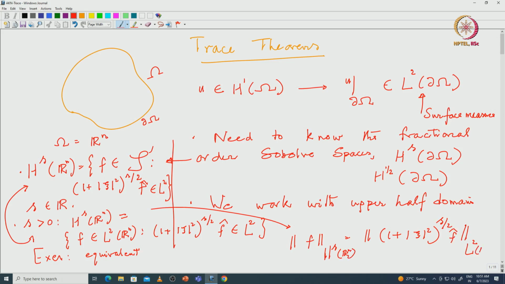We are going to state the theorem in this setup first, and then using this you can define Hs of d omega, which I will not do, but if time permits I will write the trace theorem with that. Okay, all right. So, let us write down the trace theorem.